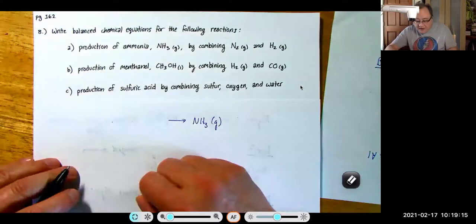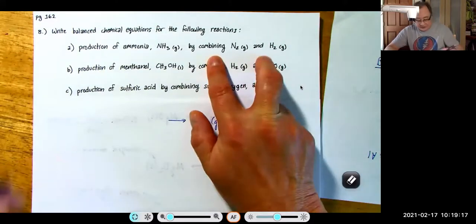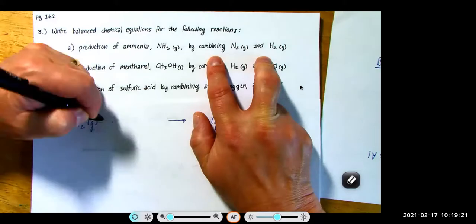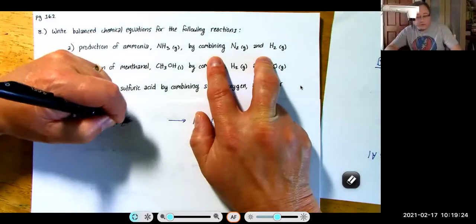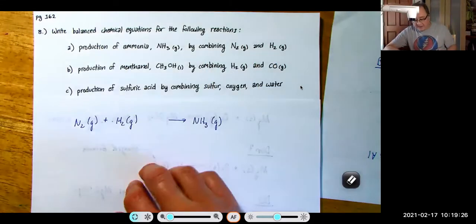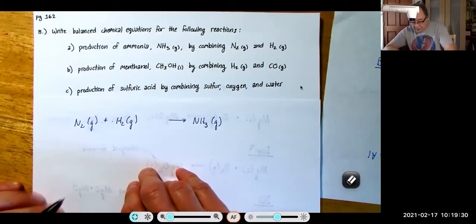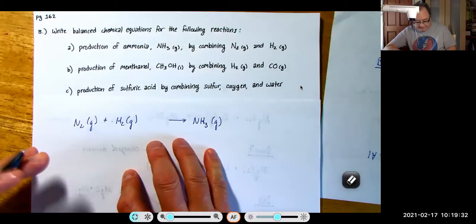And when you combine these two, it sounds like you're reacting these two, right? Right. So there are different words for reacting. It could be combining, putting together, whatever you want. Okay. So what do you want to change first here?